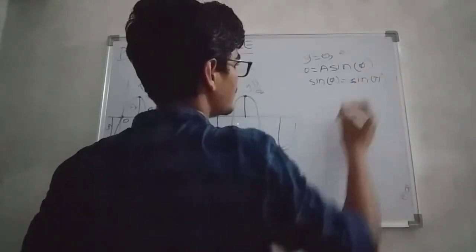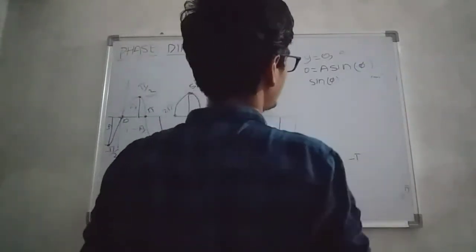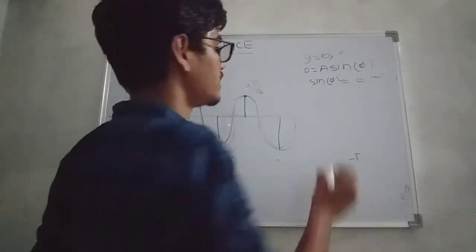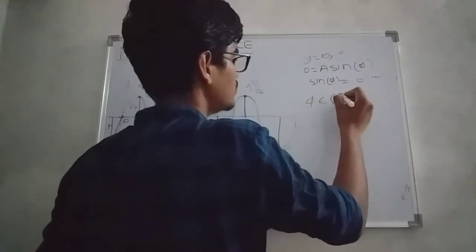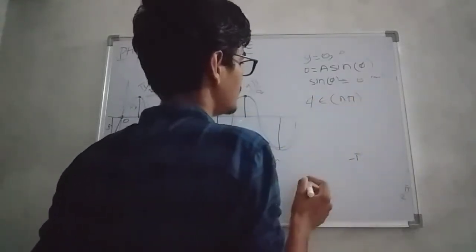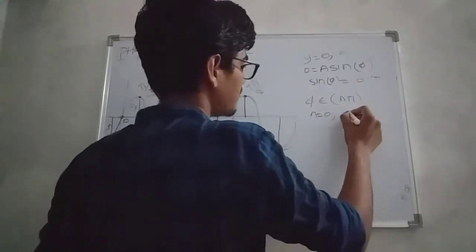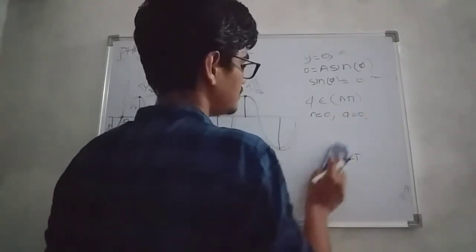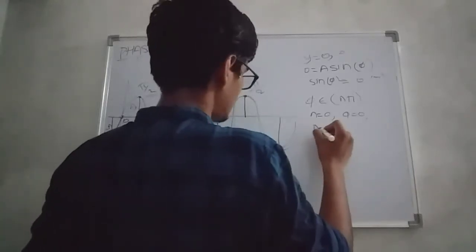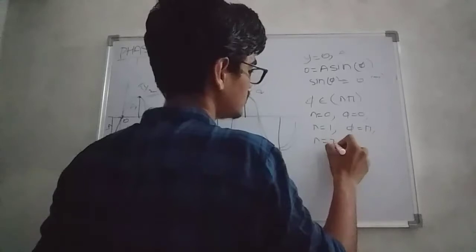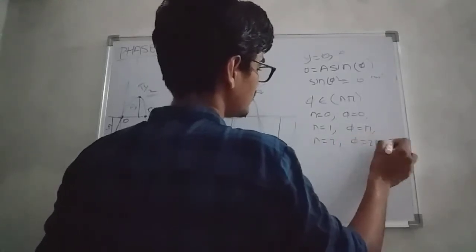If sin phi equal to 0, then from trigonometric equations we can write phi belongs to n pi. So with substituting n equal to 0, we get phi equal to 0, and substituting n equal to 1, we get pi, and substituting n equal to 2, we get 2 pi.